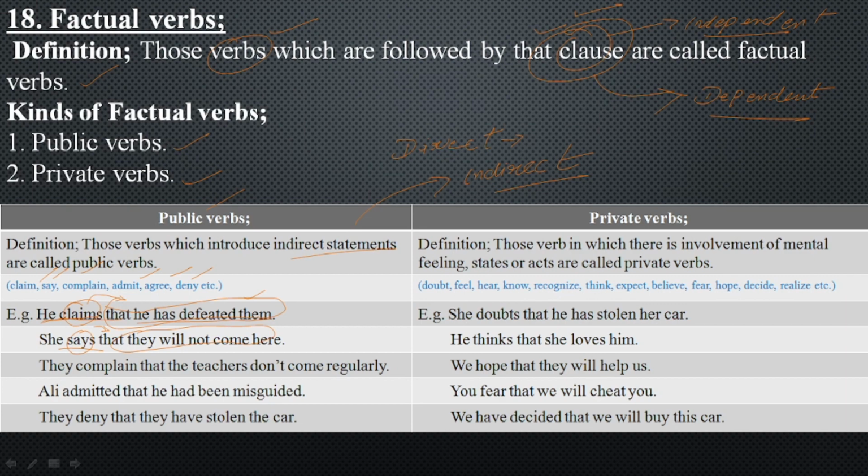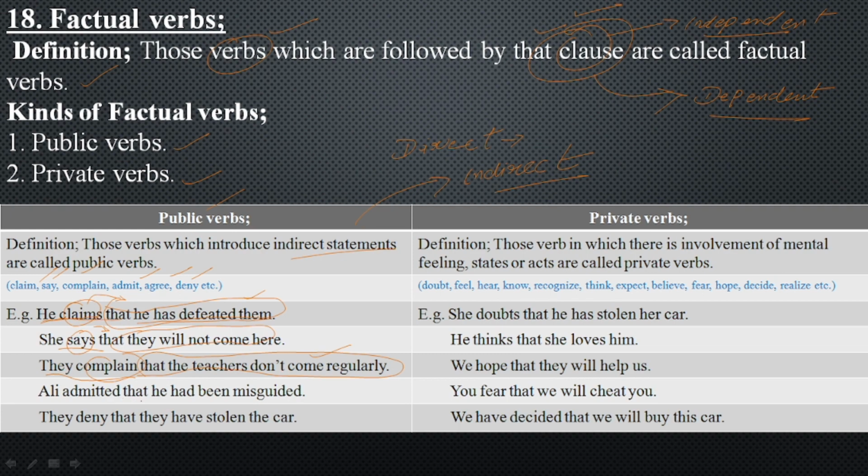The next example: they complain that the teachers don't come regularly. "They complain" is your independent clause, and the verb complain is followed by that clause.